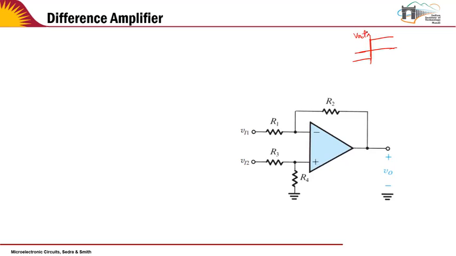So in the ideal case, if delta V is V2 minus V1 is plotted over here, then what we can say is if delta V is positive, the output is some positive constant number. If delta V is negative, the output is some constant negative number. But I want to have an amplifying system, which means that the output should follow the input with gain. So I want something which looks like this.